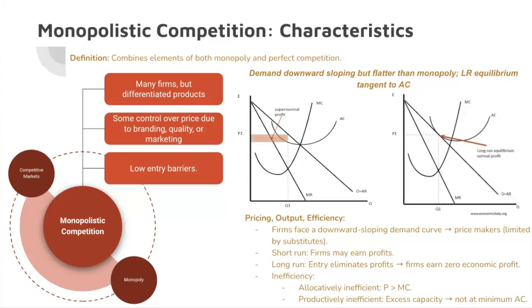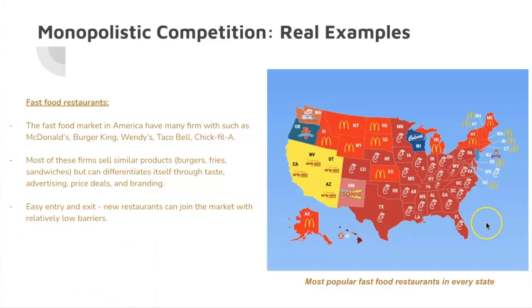The fast food industry perfectly illustrates monopolistic competition. This map shows the most popular fast food restaurants across different U.S. states. The American fast food market includes many firms: McDonald's, Burger King, Wendy's, Taco Bell, Chick-fil-A, and numerous regional chains like In-N-Out Burger in the West, Culver's in the Midwest, and Burgerville in the Pacific Northwest.